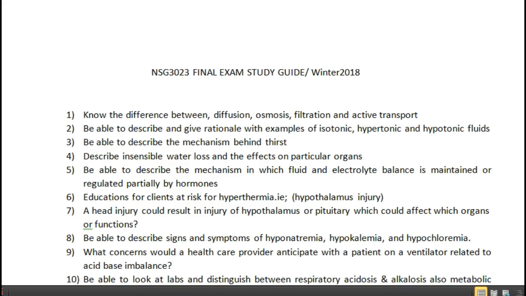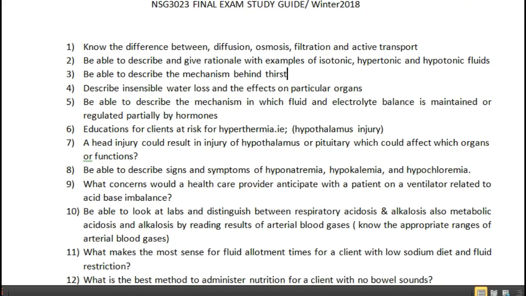A lot of times you would probably confuse that with osmosis, but the difference is that active transport requires energy or certain electrolytes to move.